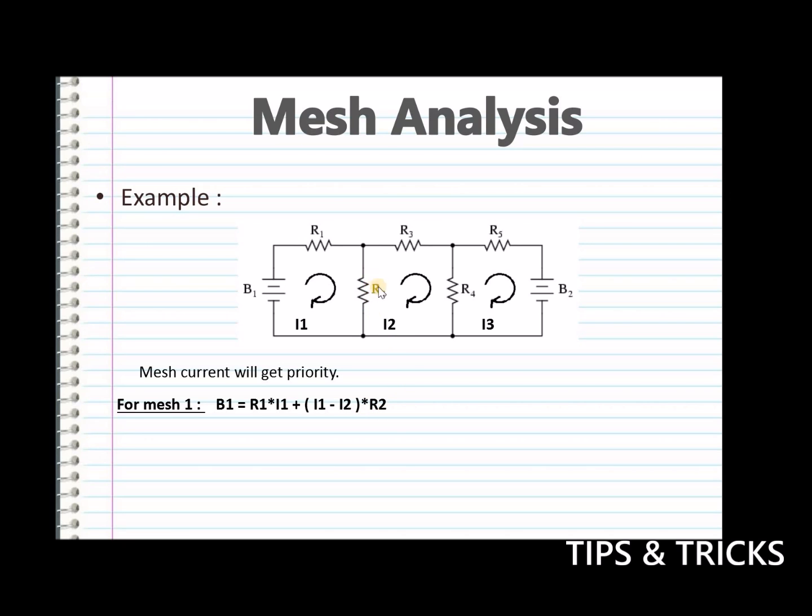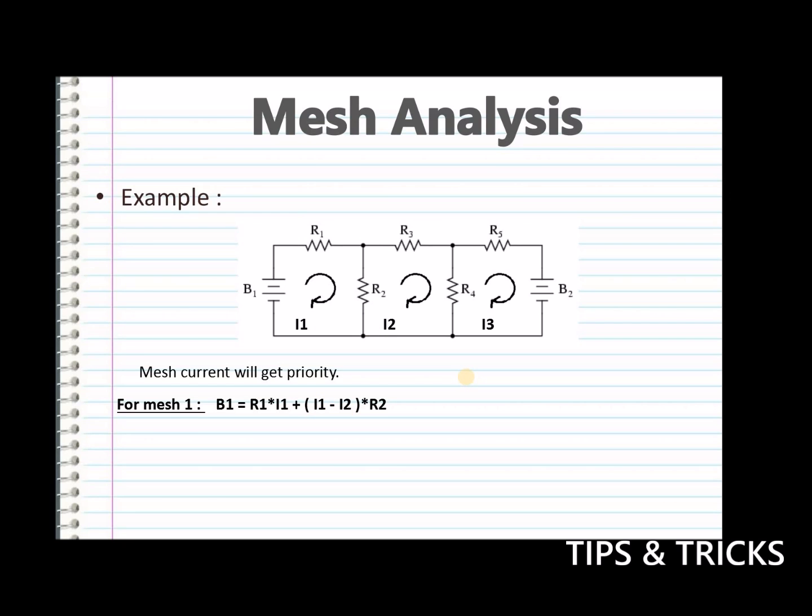See, I told you that the mesh current will get priority. So for mesh 1 the mesh current assigned by us is I1. But in the case of R2 there are 2 currents in opposite directions. So, we should give priority to the mesh current. That's why we are writing I1 minus I2. I think the concept is clear to you.